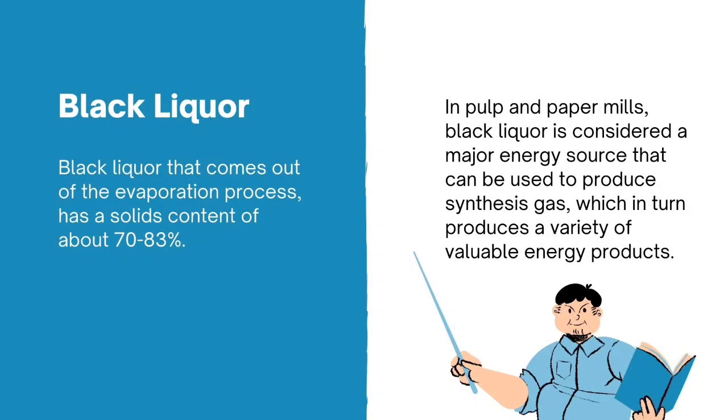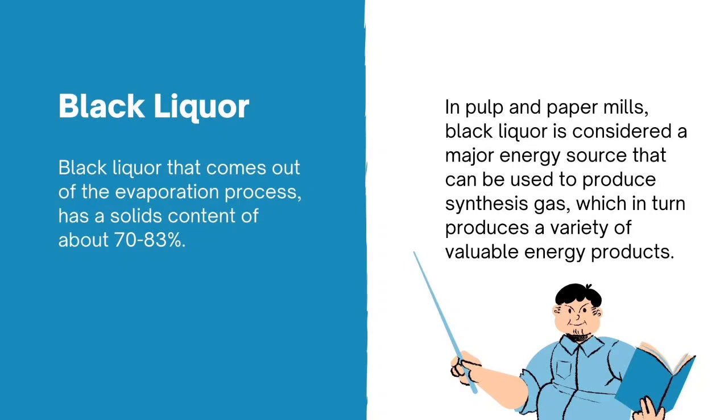The black liquor that comes out of the evaporation process has a solid content of about 70 to 83%. The inorganic part, about 45% of the black liquor dry mass, consists of sodium carbonate and sodium sulfate. Due to the presence of inorganic materials, the lower heating value per ton of black liquor solid is 12.3 megajoule per kilogram.